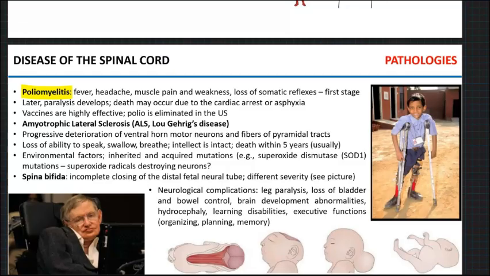Depending on which ventral horn is destroyed, you lose control over a certain group of muscles. Okay? Usually legs, because the gut is low and it will be somewhere in the lumbar thoracic area, but it can get up high and people can have the diaphragm paralyzed, and then they have to be in an iron lung because they cannot breathe independently.